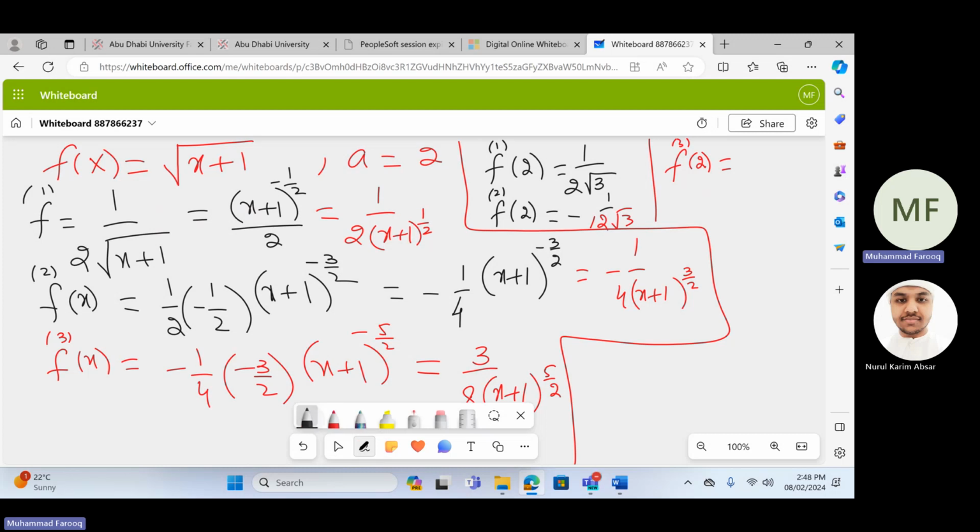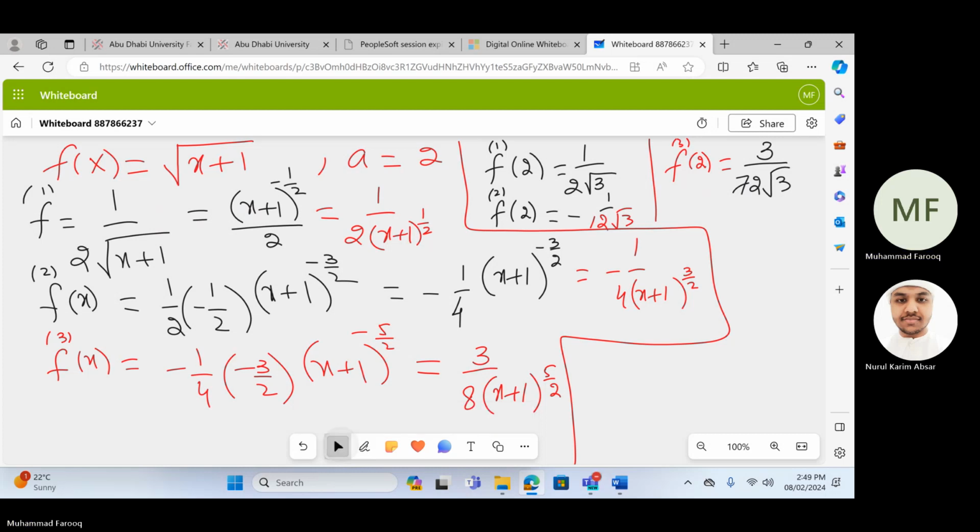9 root 3. Sorry, how much? 9 square root of 3. You entered 8 times? Times 8? 72. Okay. Now square root 3 divided by 72 and root 3, right? Please check.